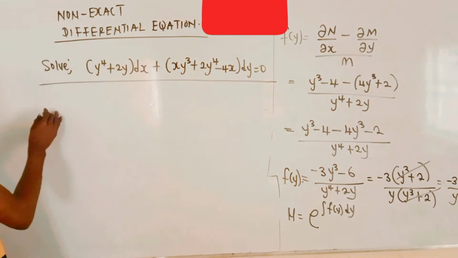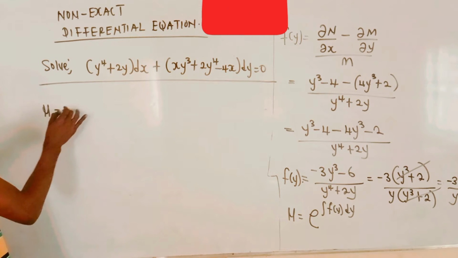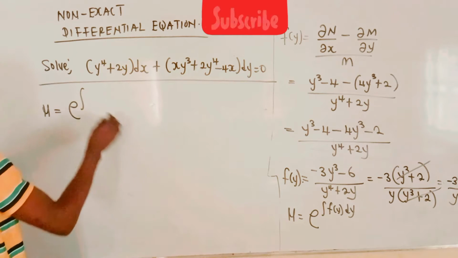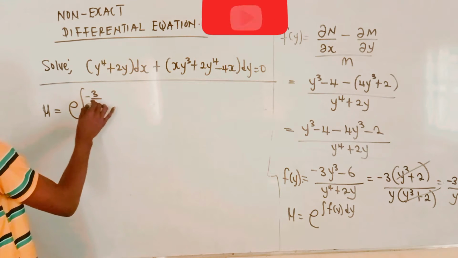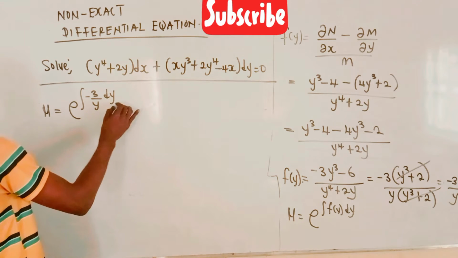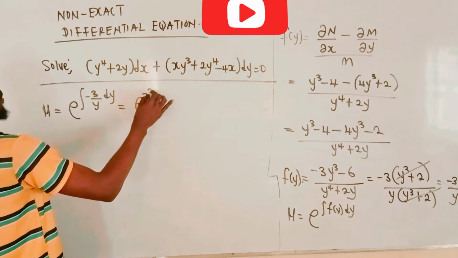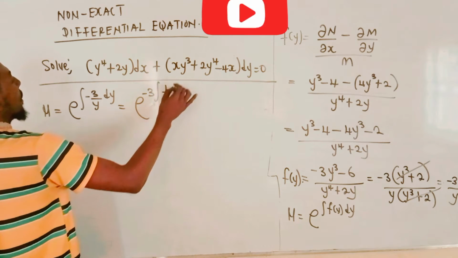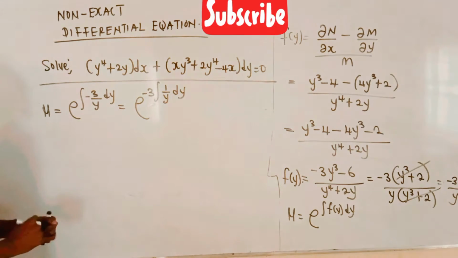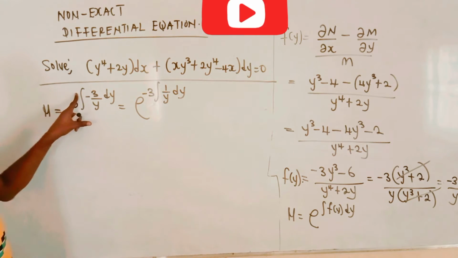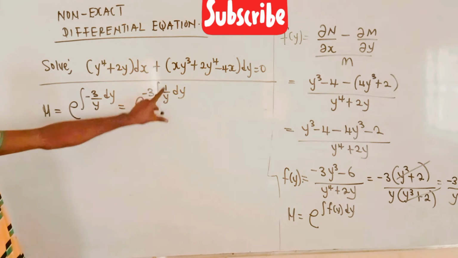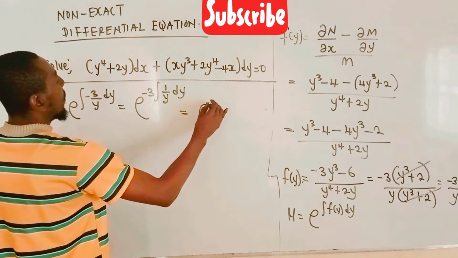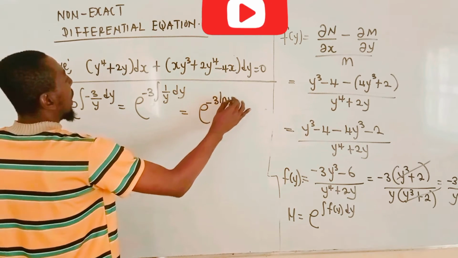Alright, to find the integrating factor, we have mu equal to the exponential of the integral of f of y, which is minus 3 over y, with respect to y, which is equal to the exponential of minus 3 times the integral of 1 over y dy, bringing out the constant from behind the integral notation. Then the integral of 1 over y will give us ln y. So this is equal to the exponential of minus 3 ln y.